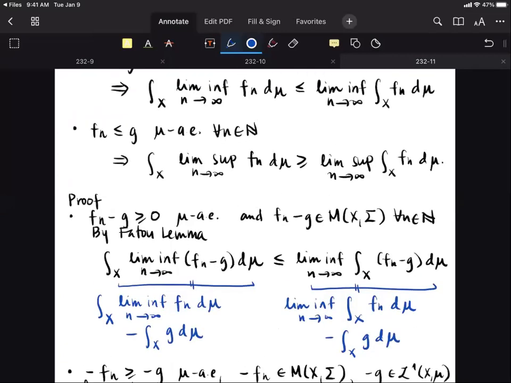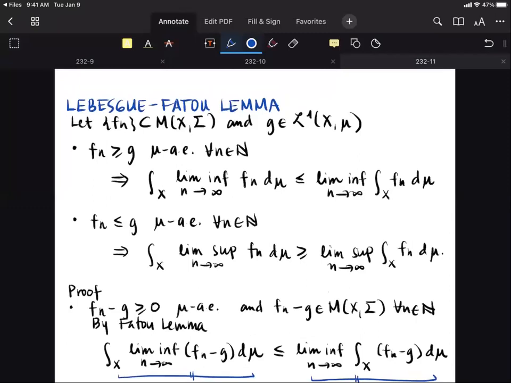Okay, so that's the Lebesgue-Fatou lemma. Again, the first statement is a generalization of your Fatou's lemma, while the second statement is an analogous version where instead of the limit inferior, you have a limit superior.